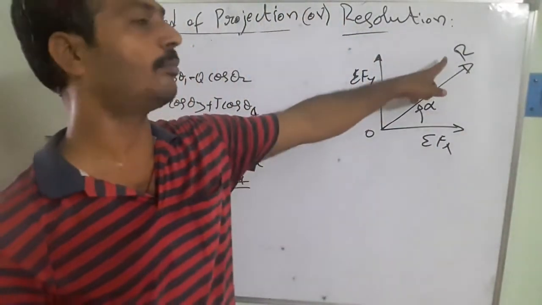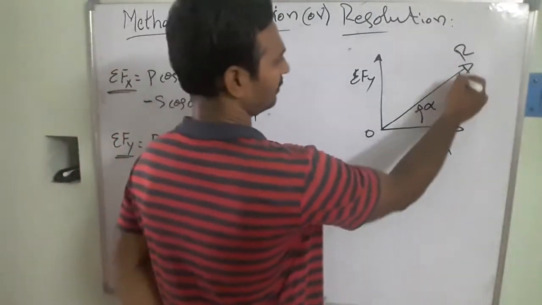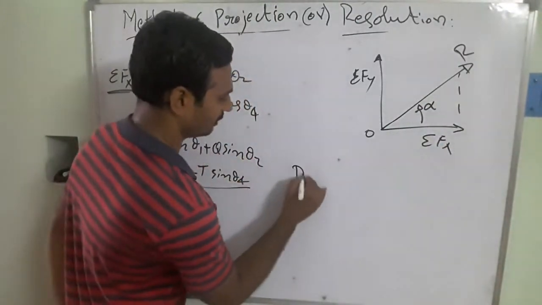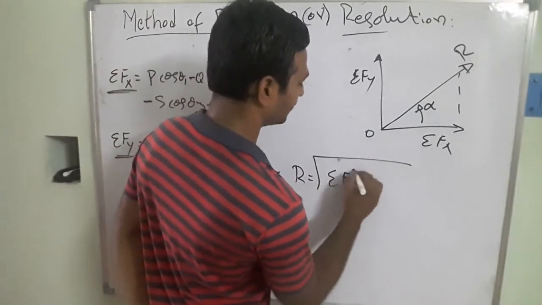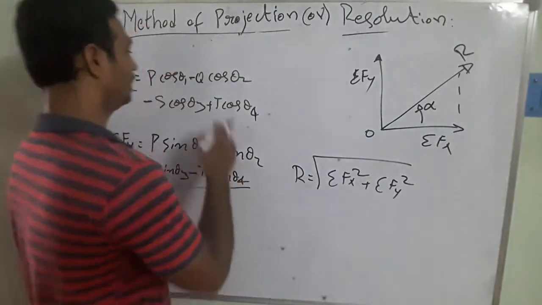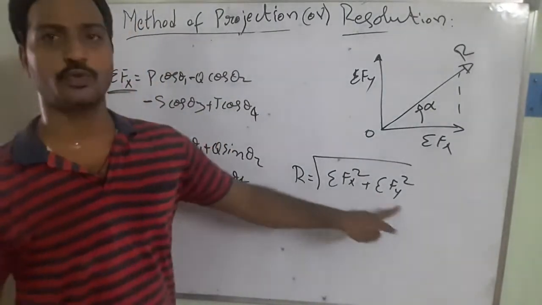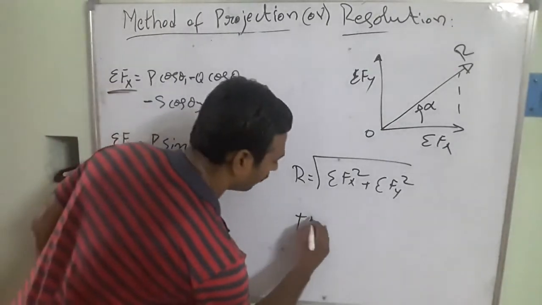How do we calculate the resultant component? By the Pythagoras theorem, R is equal to the square root of sigma f of x squared plus sigma f of y whole squared. Substituting the magnitudes, we get the resultant component. How do we calculate alpha?